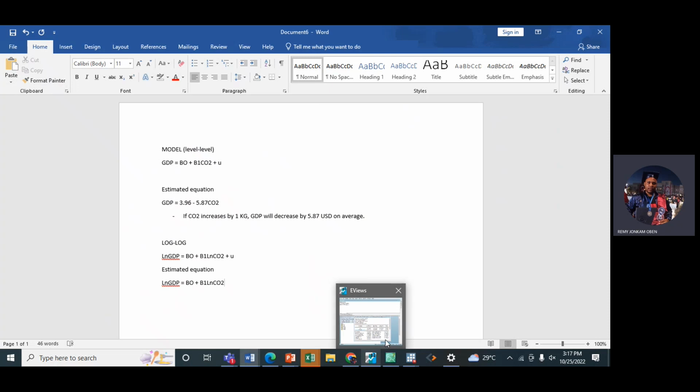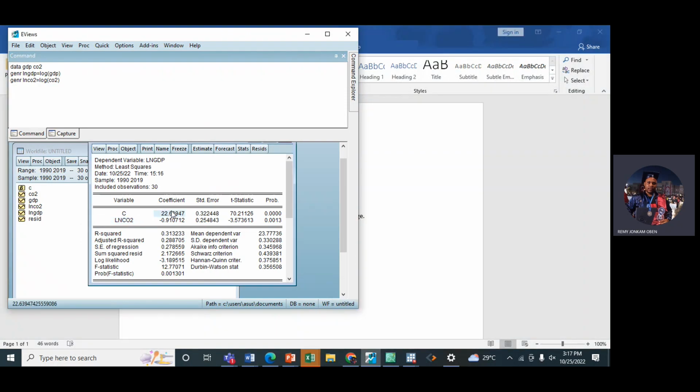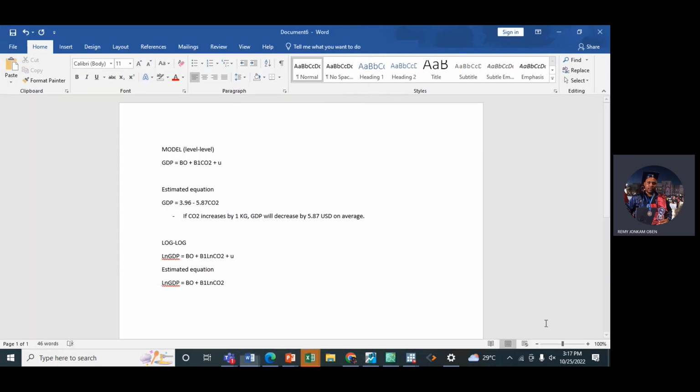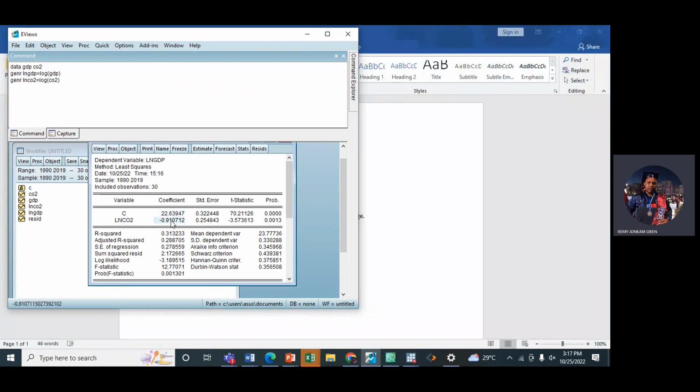I'm going out to eViews. I'm checking the constant term, it's 22.6. So I come here, I put 22.6. The coefficient of this lean carbon dioxide is minus 0.9.